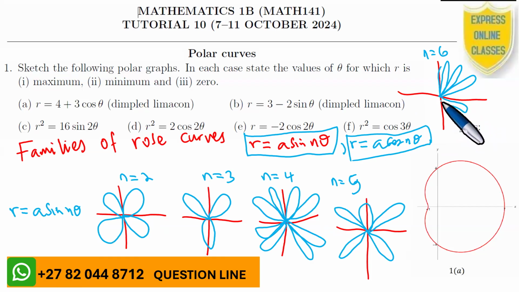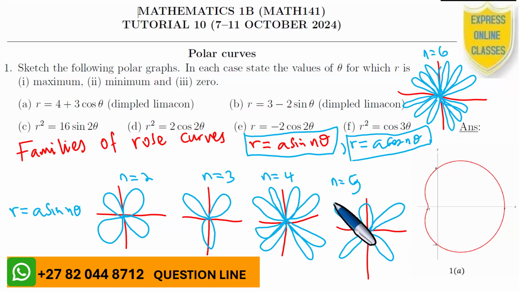You have 1, 2, 3. You have like triples in each region, like so. And then you also have 1, 2, 3. Okay, this is for n equals 6.